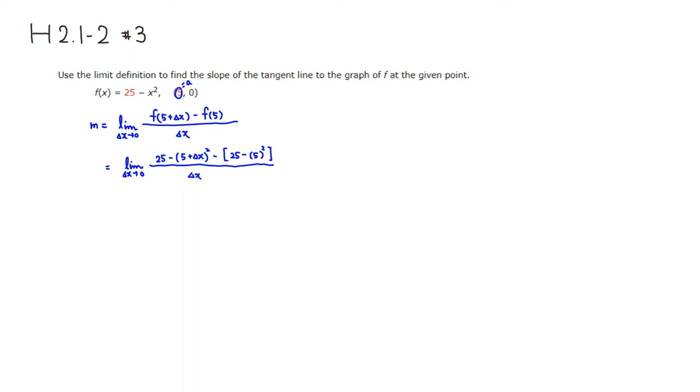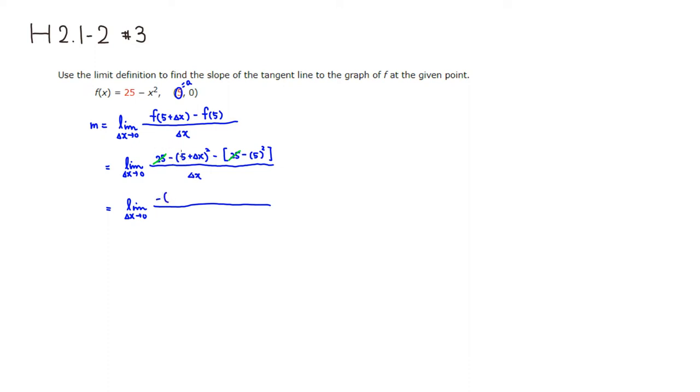Then we can cancel a bunch of things here. There's a 25 here, minus 25, so you can cancel those. And if you multiply this out, we're going to get the limit as delta x approaches 0. Don't forget this negative sign here, so the negative sign is still there.